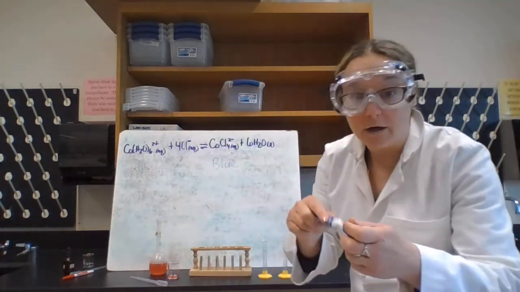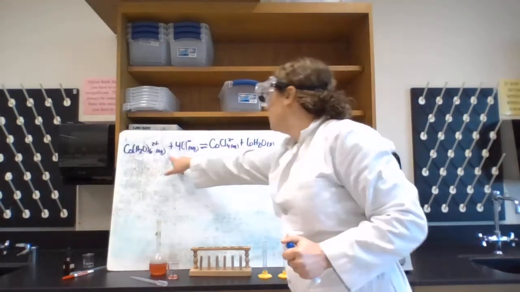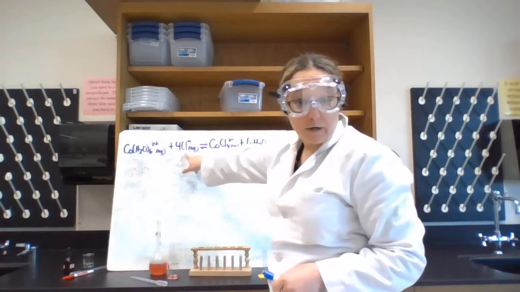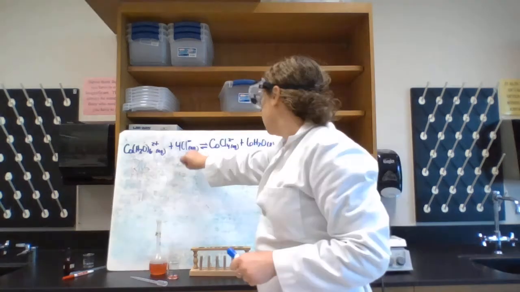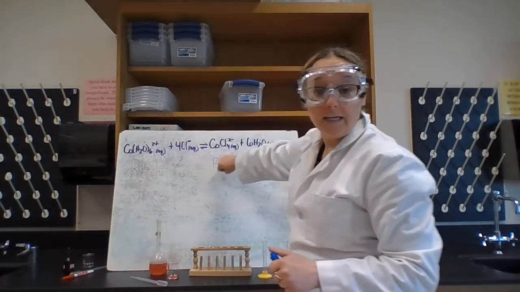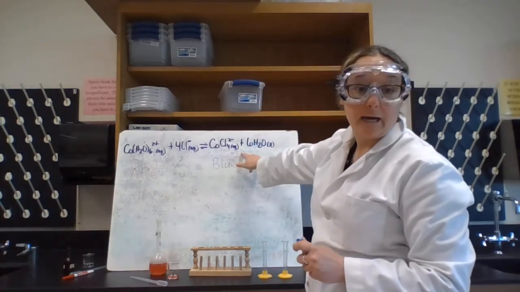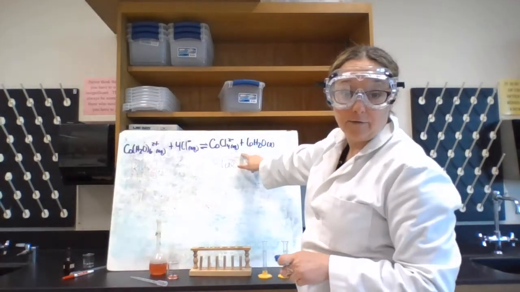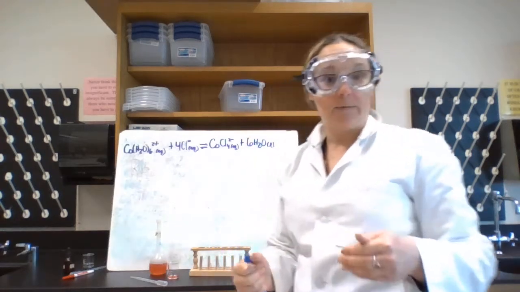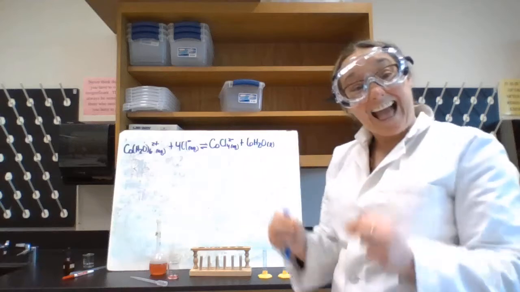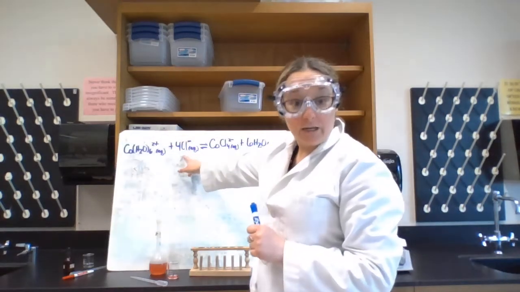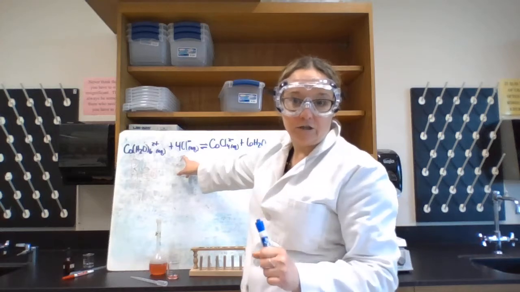Why did it turn blue? We added hydrochloric acid. So here is our chloride ions that we are adding. All right, and we have formed in the process this polyatomic ion, CoCl4 2 minus. So, Le Chatelier's principle, when I add something, I'm going to shift in the opposite direction to use it up.